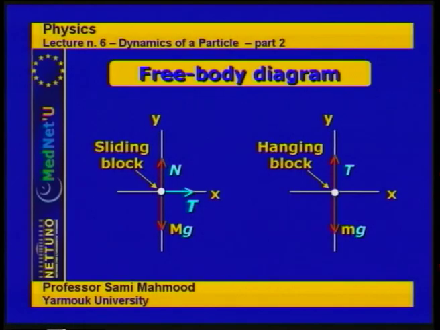The free body diagram for the hanging object is drawn similarly, where the spot at the origin of the axes is the hanging block, and there are two forces: small m times g acting on the hanging block downward, and the tension of the cord acting on it upward.